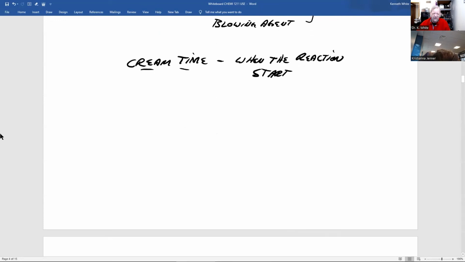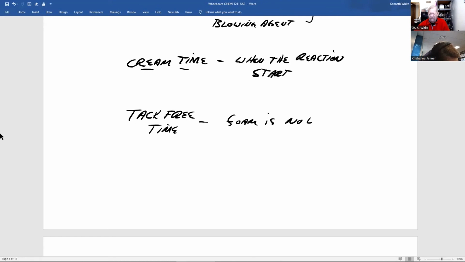Now, important thing when you're making a foam is the tack-free time. And this is when the foam is no longer sticky. And you can just touch it or touch it with a tongue depressor.